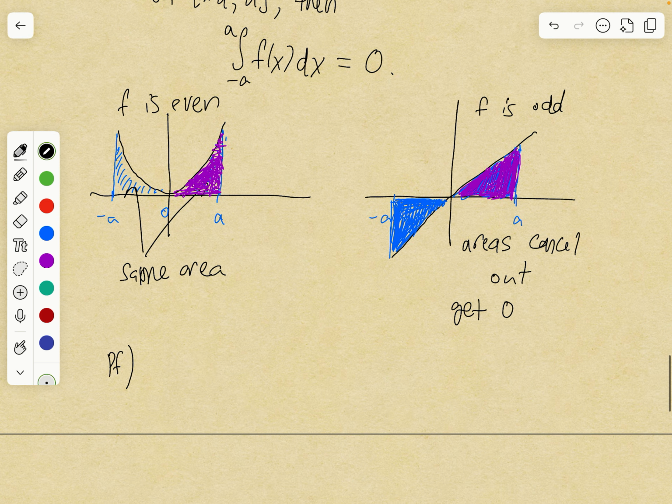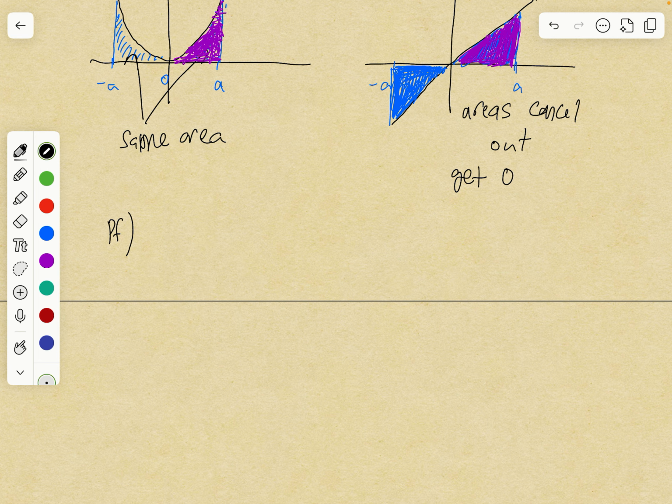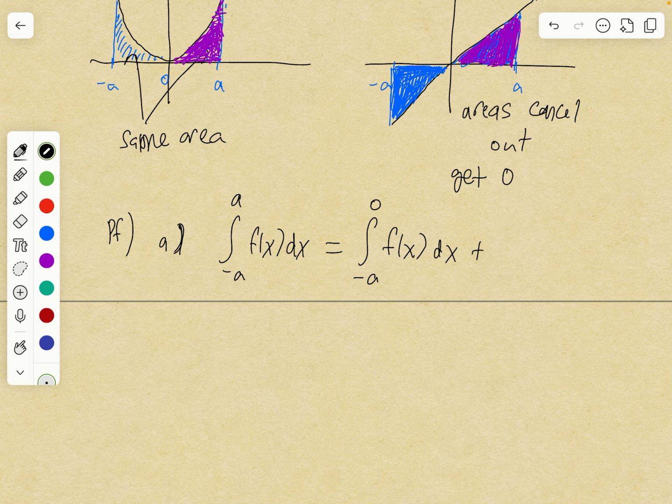So for part A, we want to look at the integral from negative a to a. And we can split that up into the integral from negative a to 0 plus the integral from 0 to a.